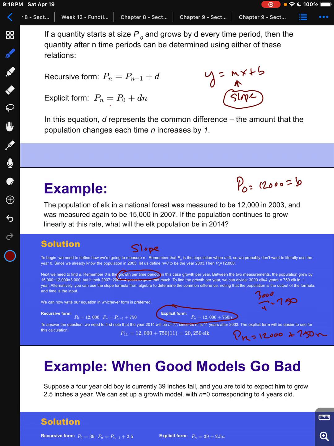Now in this case, where does the 11 come from? Well, to answer this question, we need to note that for 2014, n will be 11 because 2014 minus 2003 is 11. So we're going to plug in 11 for our x value and figure that. So there's going to be 20,250 elk.